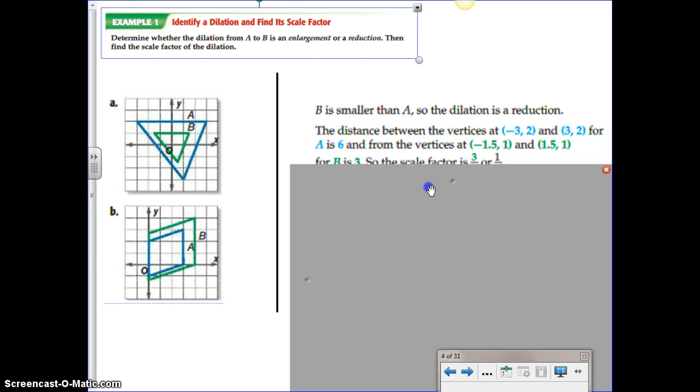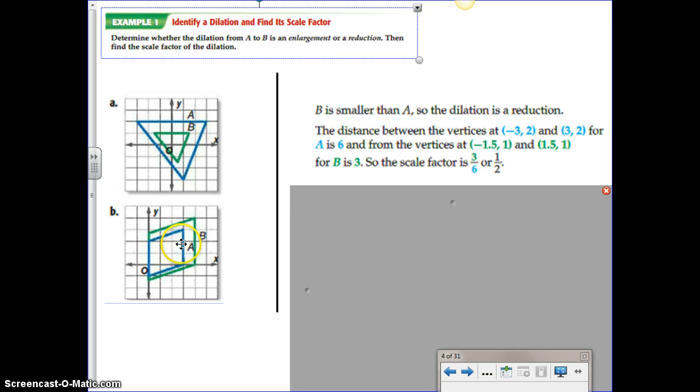We could count that distance from here to here. It's 1, 2, 3, 4, 5, 6, which is why I chose that side. And this side looks like 1, 2 plus a half on each side, which is 3. So from here to here, it got smaller by 3/6, or 1/2.